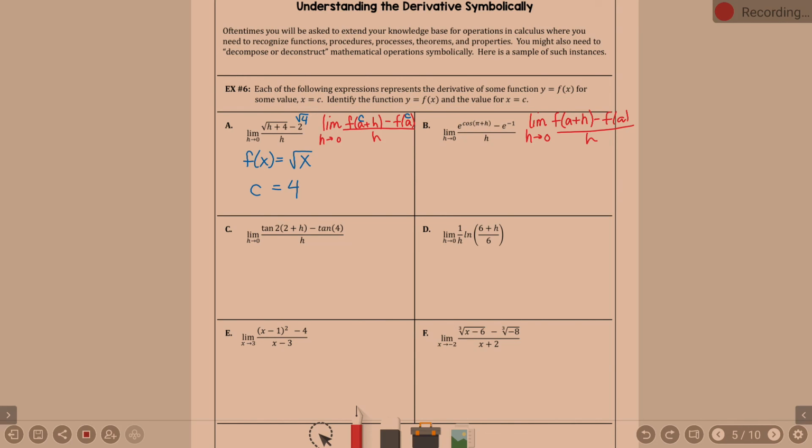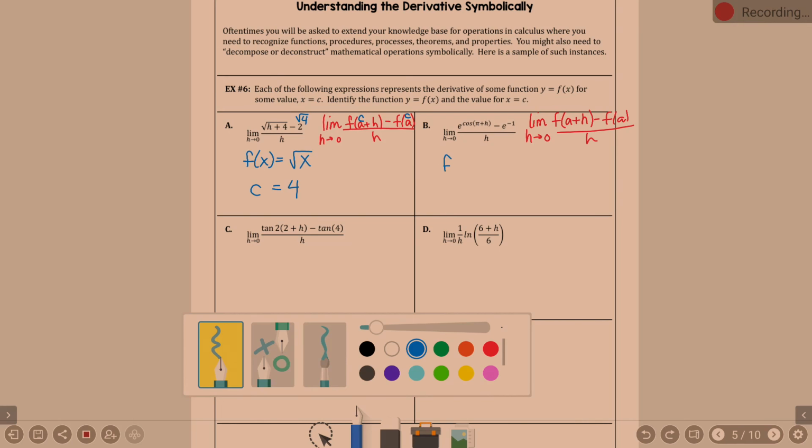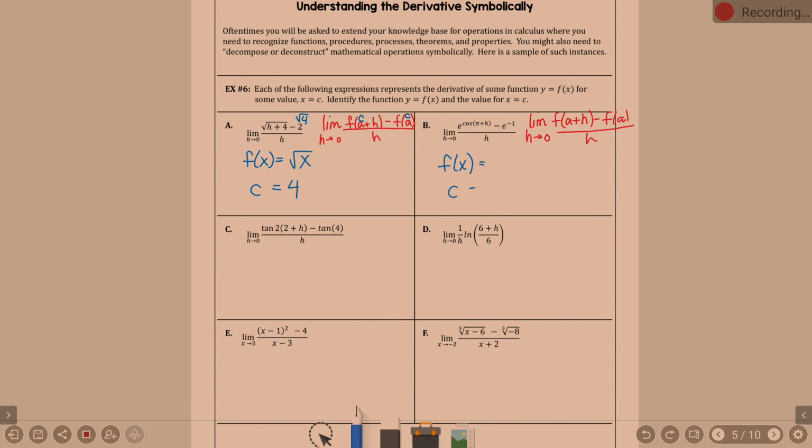So, I think I did this right. What'd you get? I don't know how to figure out this one. I don't know how that got there. What about C? Or f of x?